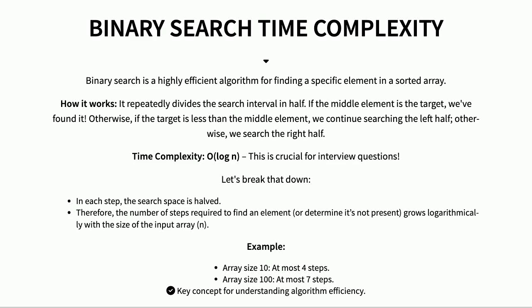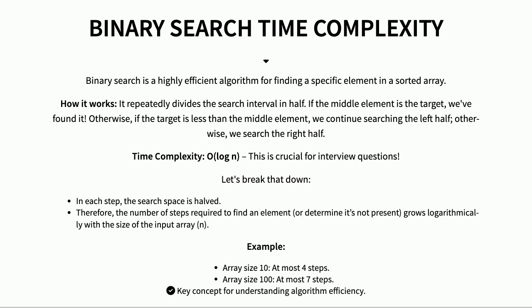Okay, let's talk about binary search and its time complexity. Binary search is a fantastic algorithm for quickly finding items in sorted data. It works by repeatedly dividing the search area in half. Imagine splitting a book in two each time. Because of this division, it has a really impressive time complexity of O(log n).